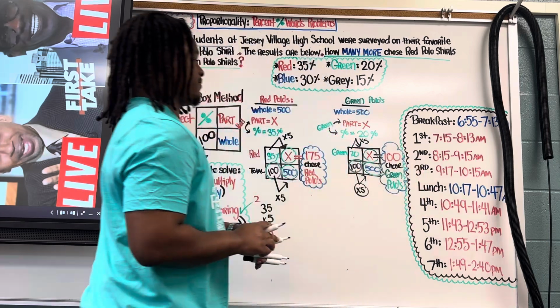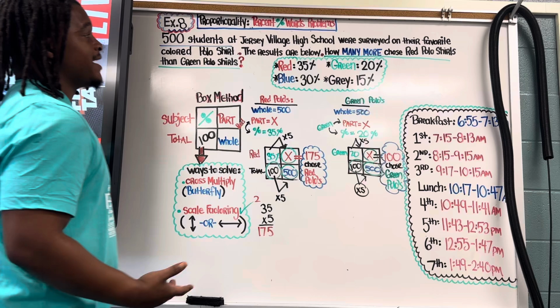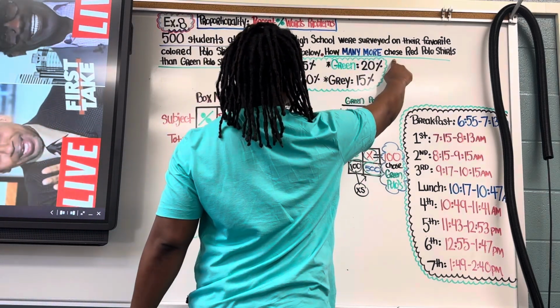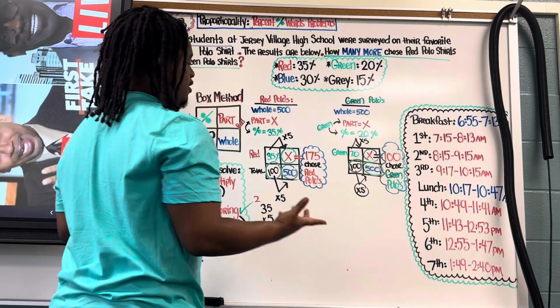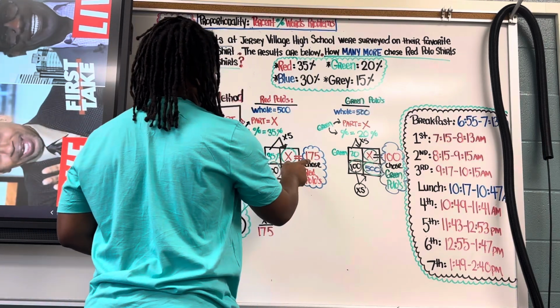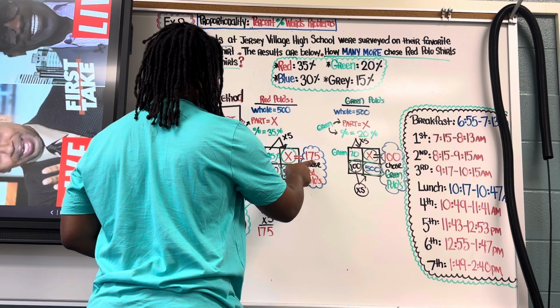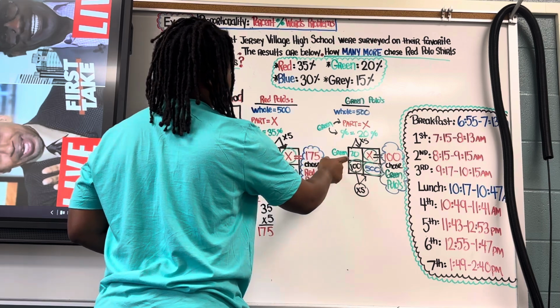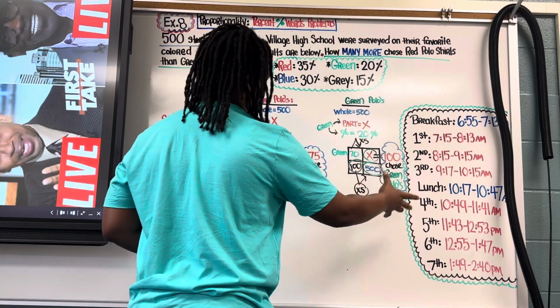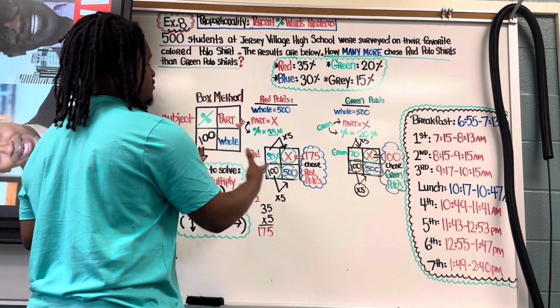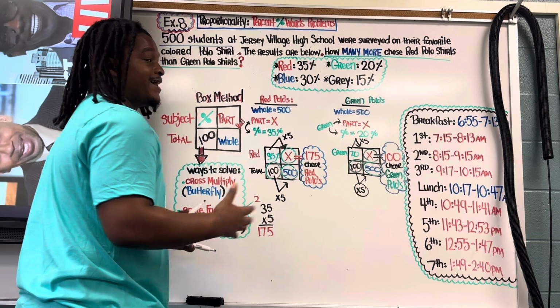Okay, so remember, guys, the question is asking how many more chose red polos than green polo shirts, okay? So all we have to do, guys, is subtract the number of students that chose the green polos from the number of students that chose the red polos to find out the difference.